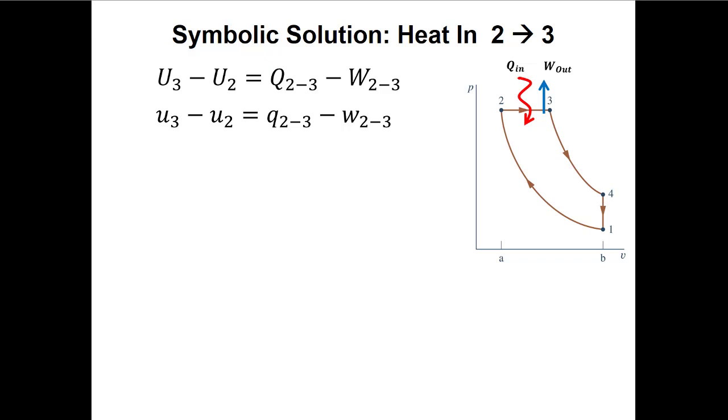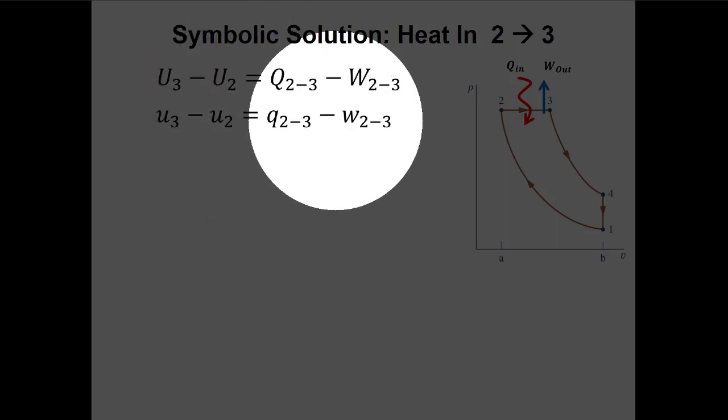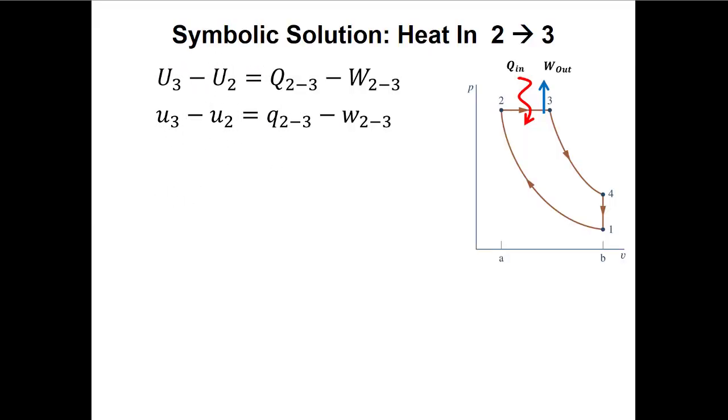How do I find the heat addition? The answer in thermo is often use the first law, and that's the case here. I can write the first law as an extensive version, or I can divide all these terms by the mass and have an intensive version of my closed first law. Because this is a horizontal line, I'm adding heat at constant pressure.